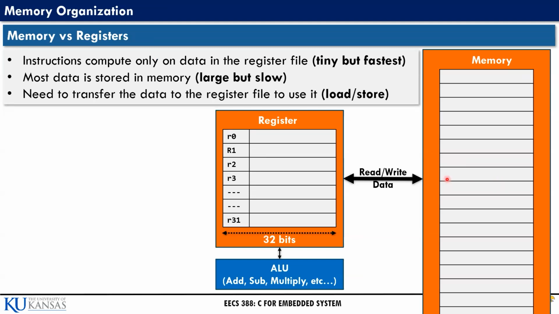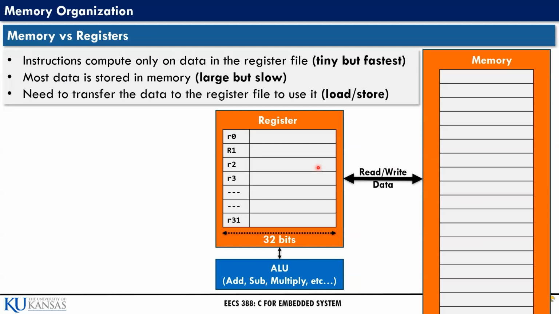It is a lot slower than the register. So the register continuously reads and writes the data from the memory to do the operations or execute the instructions one by one.